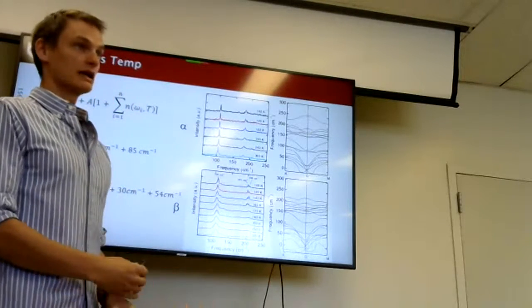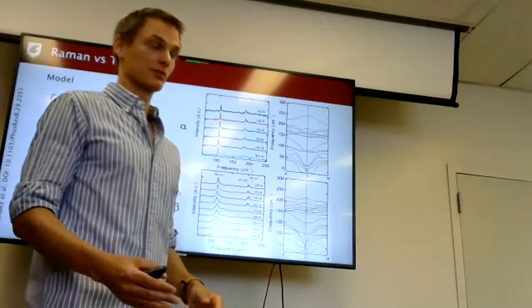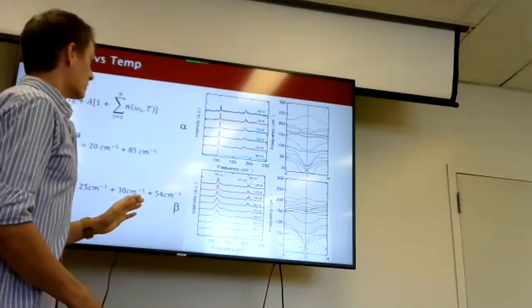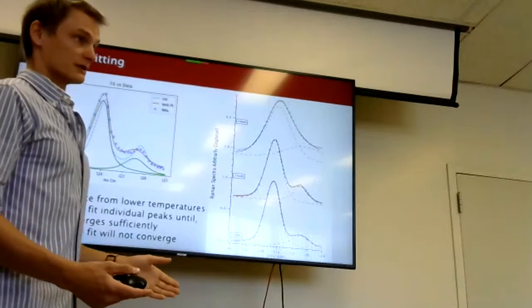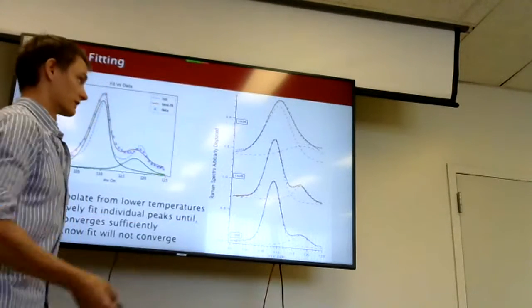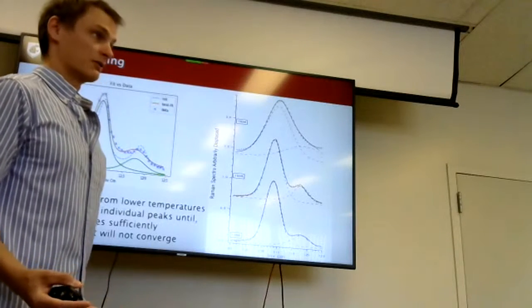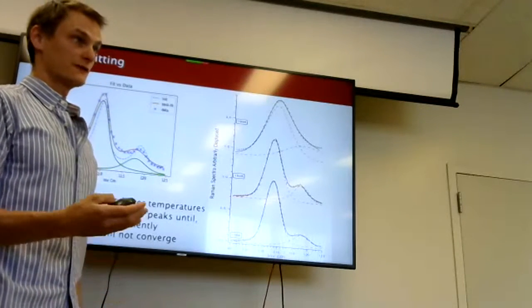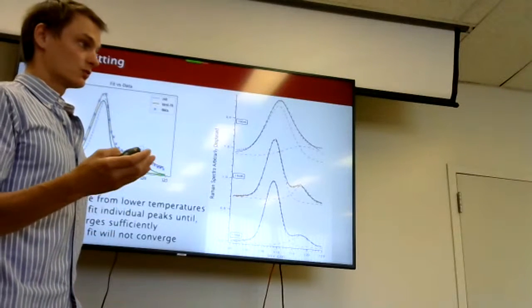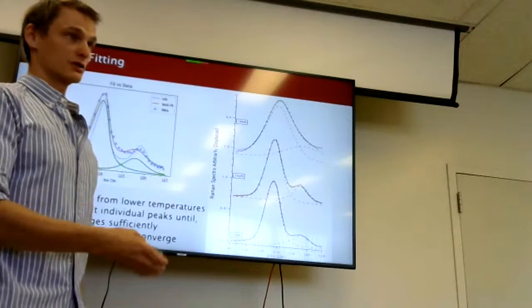Now, if you had infinite data sampling, it wouldn't be a problem. You would deconvolute the 3 peaks. But in the real world, we have a lot of noise to deal with. So we have noise and then sparse data sampling. There's not really a way to get around that. So if you have to fit a noisy peak, you need to be very careful with the initial parameters.